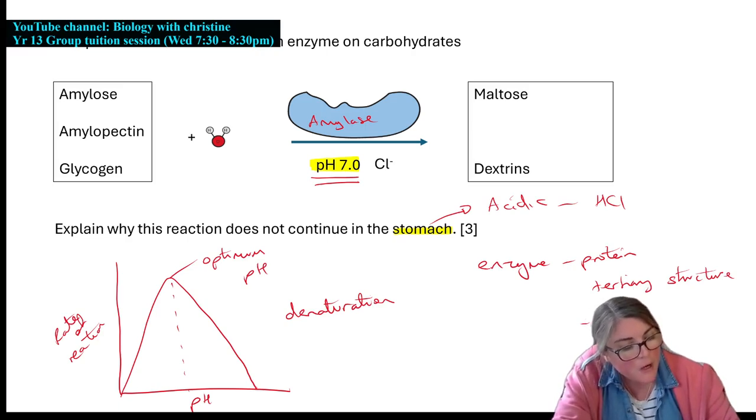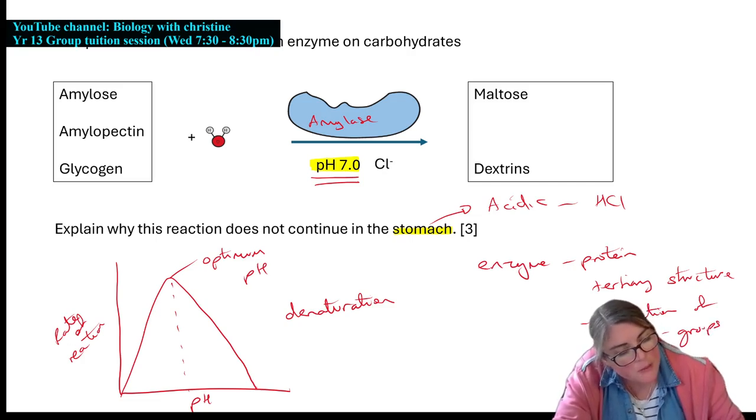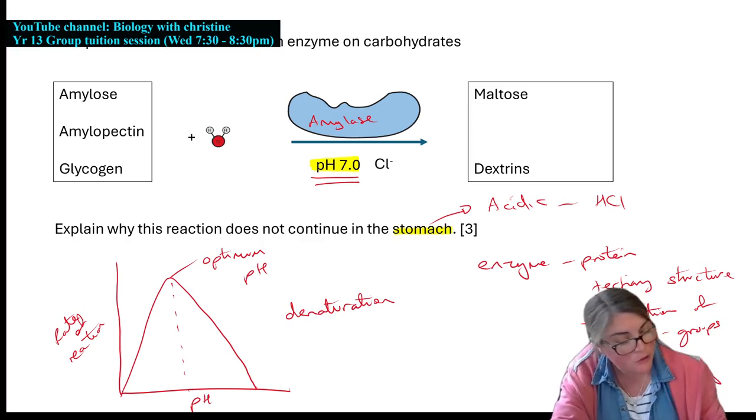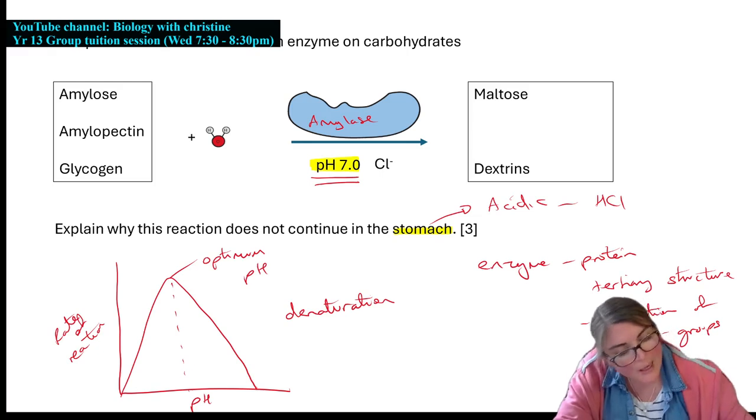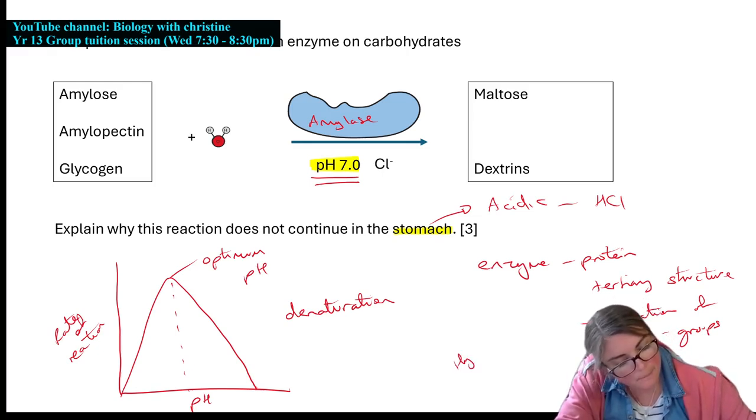Well, this is because of interactions of the R groups. So that could be hydrogen bonds, it could be ionic bonding, it could be disulfide bridges, and it could also be hydrophobic, hydrophilic interactions.